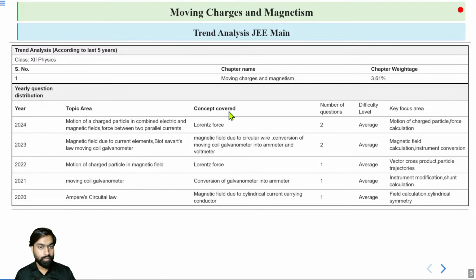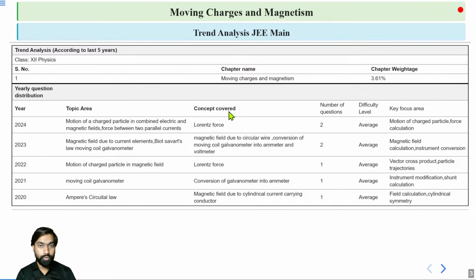Similarly, in 2022 a question was asked from motion of a charged particle in a magnetic field, number of questions 1, difficulty level average. In 2021 a question was asked from moving coil galvanometer, number of questions 1, difficulty level average. In 2020 a question was asked from Ampere's circuital law, number of questions 1, difficulty level average.